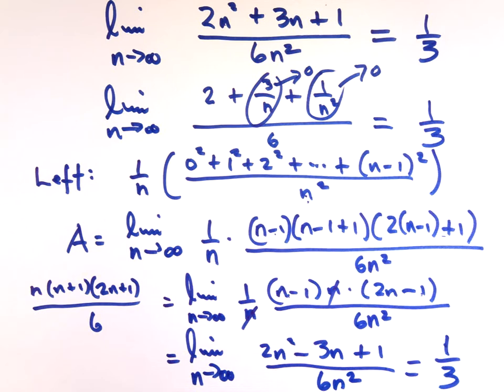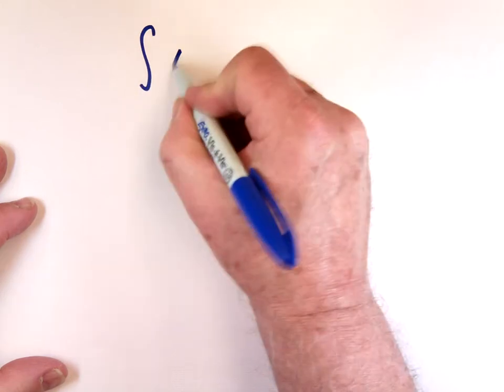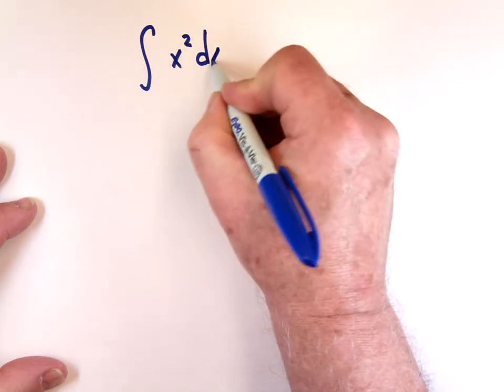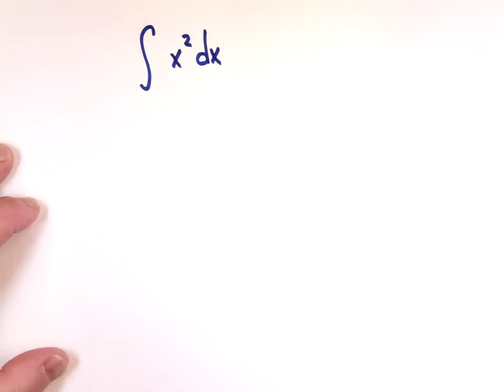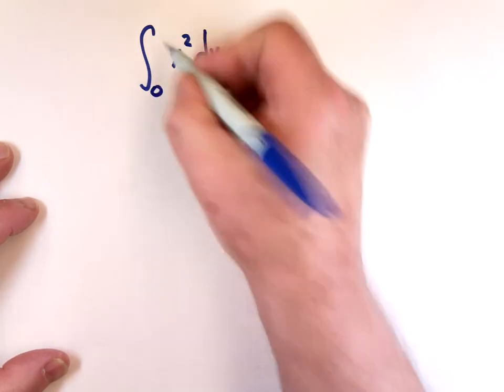Watch this. Instead of doing what I just did, here's what we could do. We could integrate x squared, and I'm going to put limits of integration on here from 0 to 1. This is now called a definite integral.